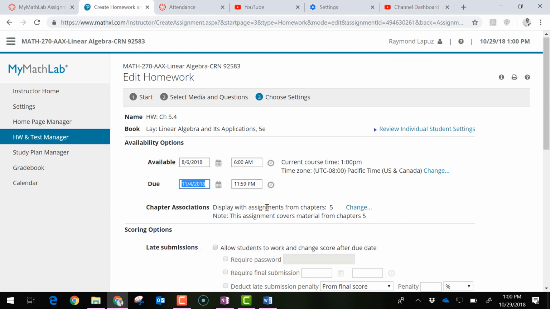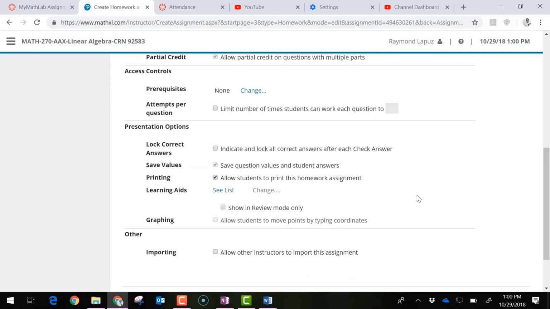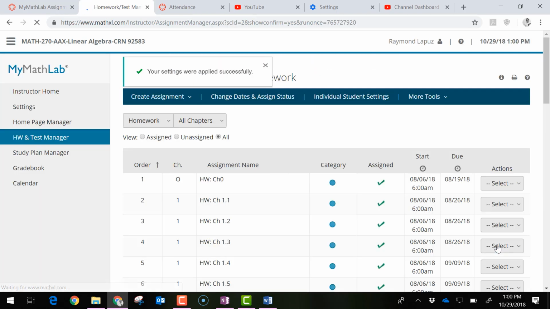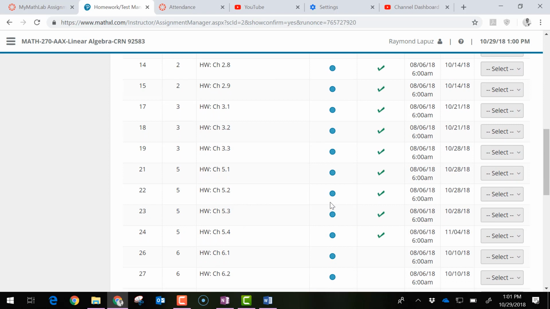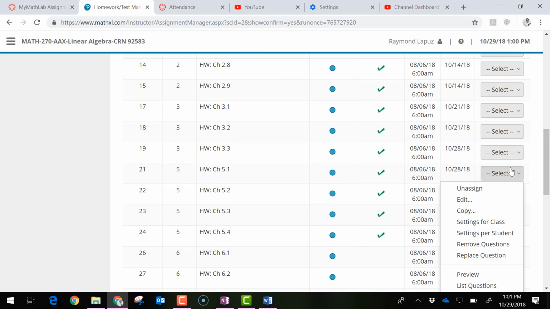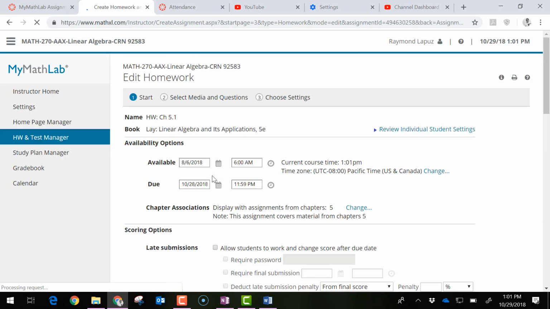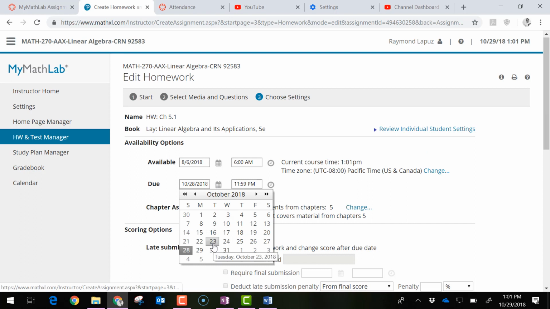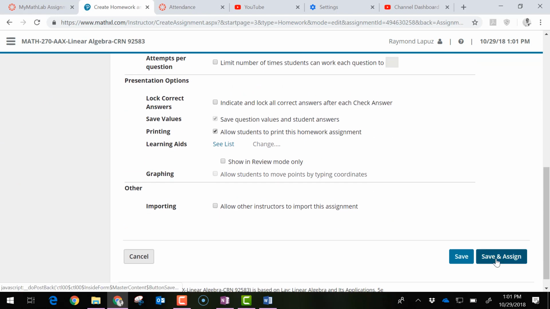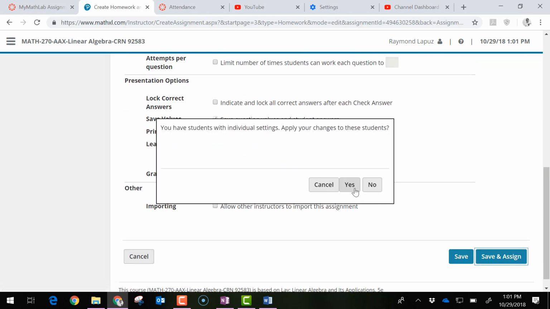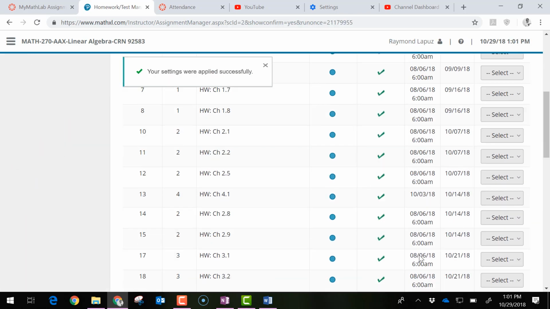So November 4th, it's due. Do we need to extend some of the other homework? So we have a test, so this has to be due before the test. I'll make it due on the 30th. So 5-1, 5-2, and 5-3.